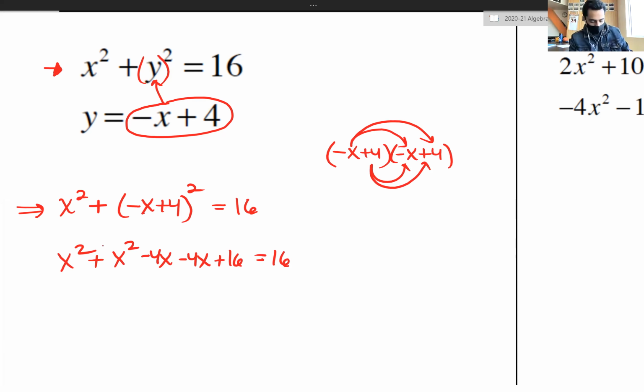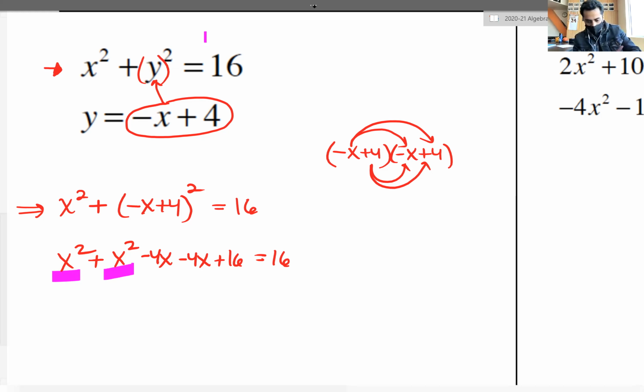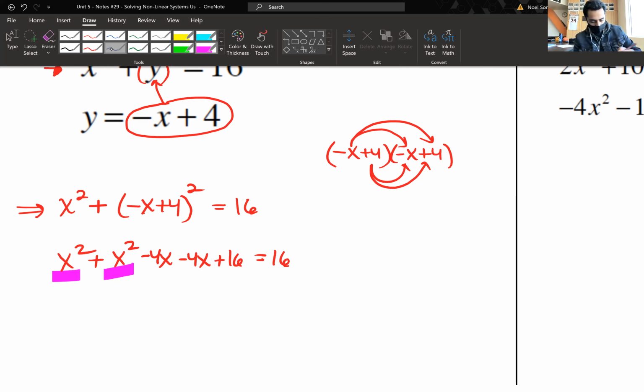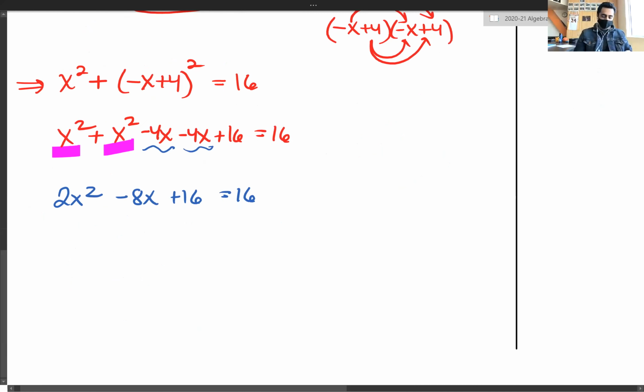Okay. So let's combine like terms wherever possible. Looks like we have x squared plus x squared. That means we can do 2x squared, right? 2x squared. -4x minus 4x, like terms as well. That gives us negative 8x. All right, plus 16 equals 16. Okay, so what do we want to do from here, right?